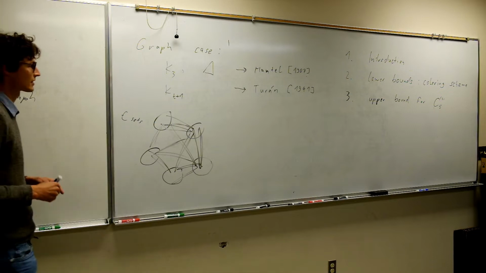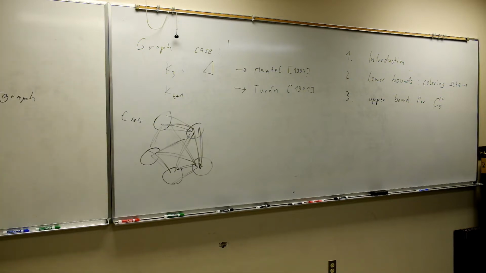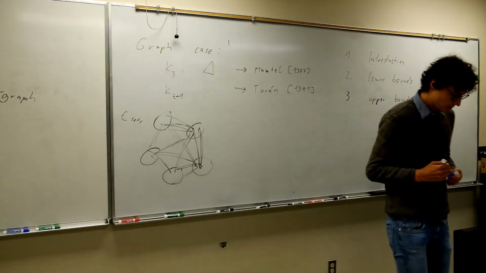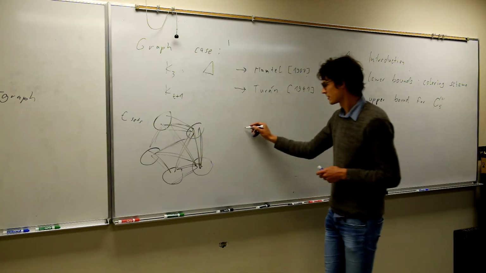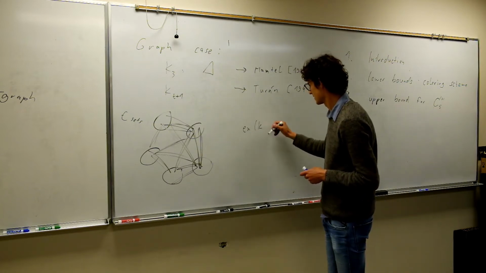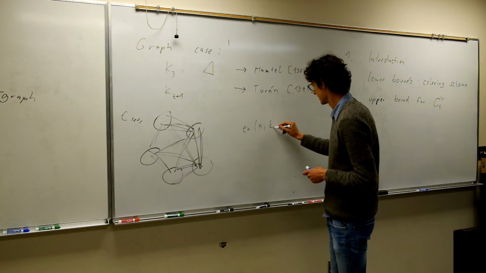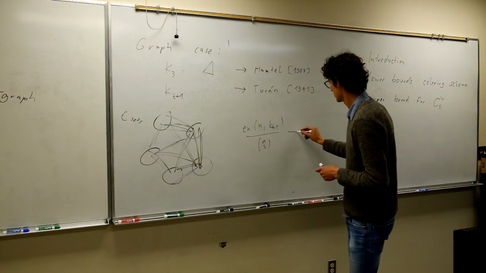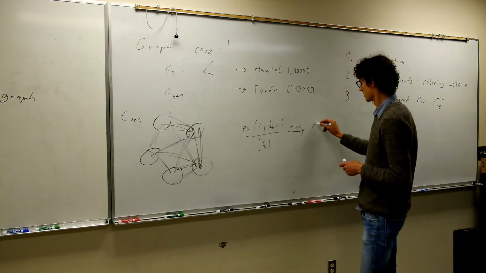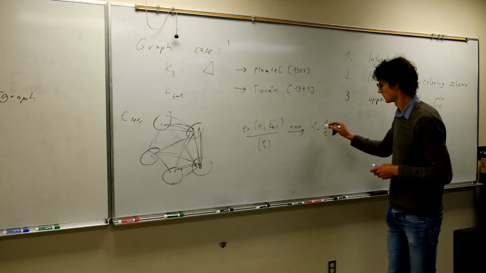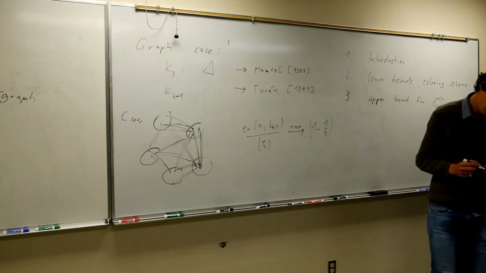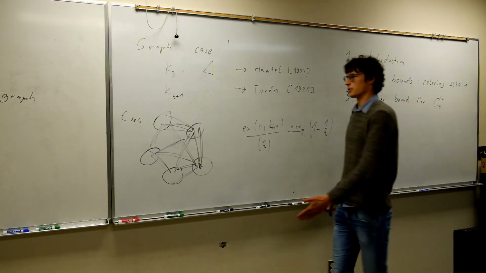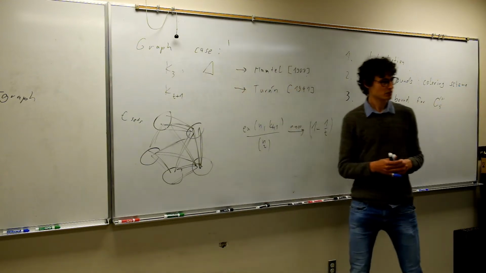And this graph is maximizing the density, and you can calculate the values. So ex(n, K_{t+1}) over n choose 2 goes for n to infinity to 1 minus 1 over t. Okay, so we have basically all the complete graphs now.